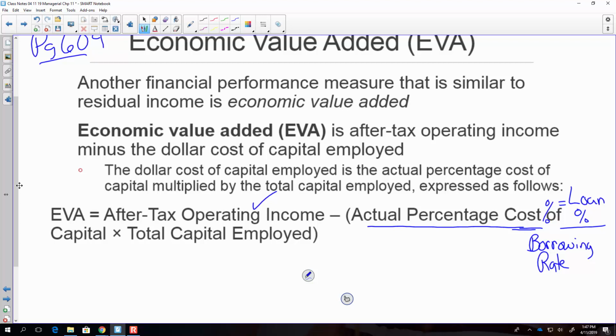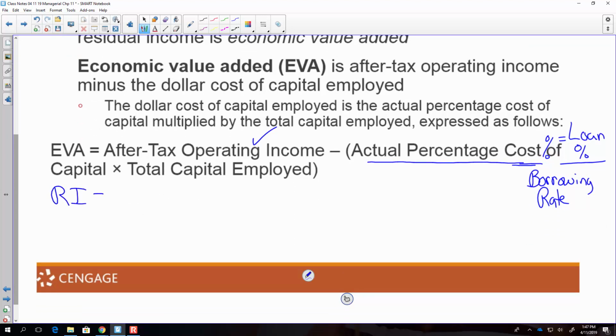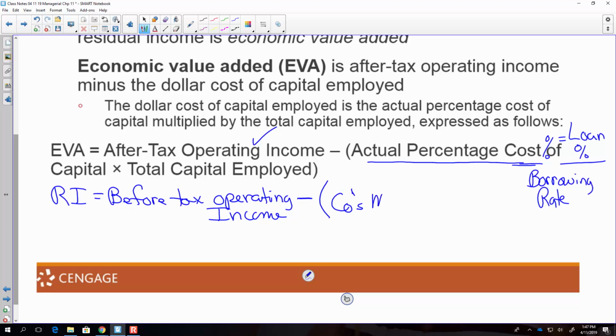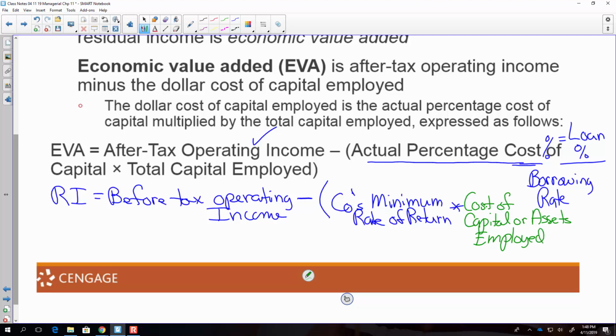If we remember from residual income, the RI is before tax operating income minus, in parentheses, the company's minimum rate of return times their capital employed, or assets, to generate that income, right?